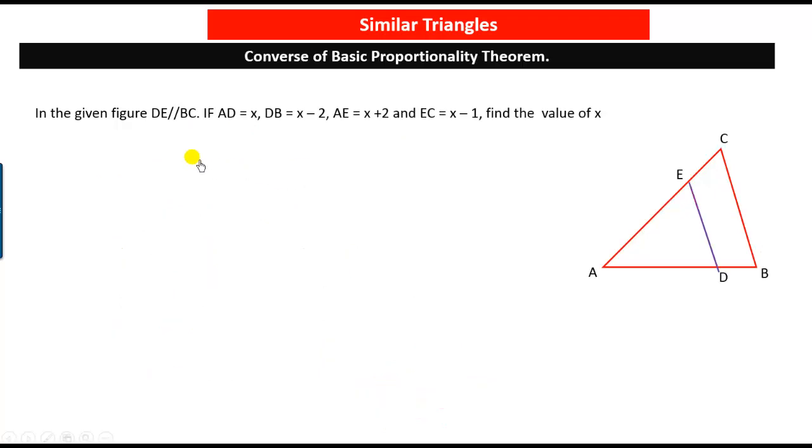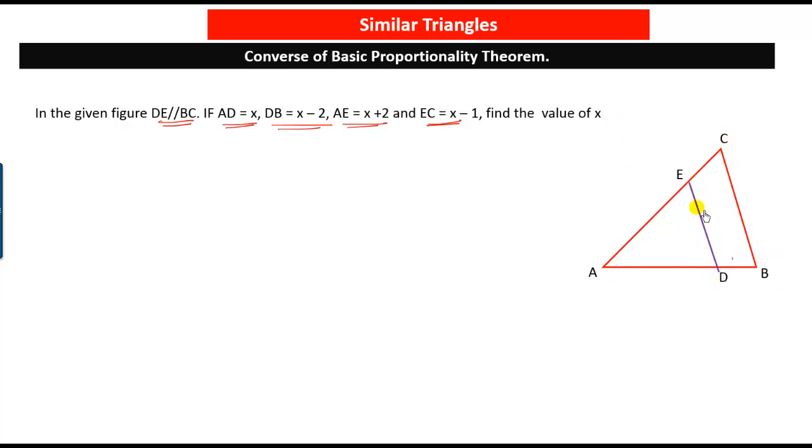The next question is, in the figure DE is parallel to BC, if AD is equal to x, DB is equal to x minus 2, AE is equal to x plus 2, and EC is equal to x minus 1, find the value of x. It is given that ABC is a triangle and DE is parallel to BC.